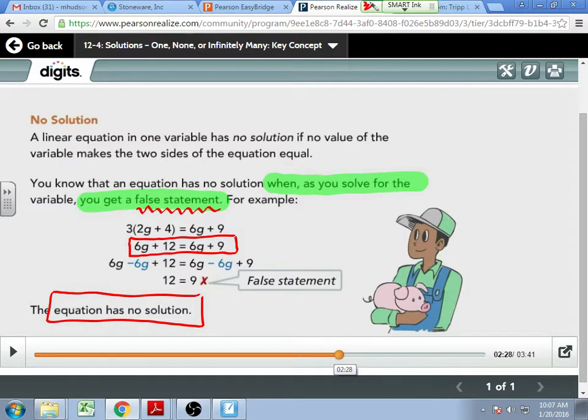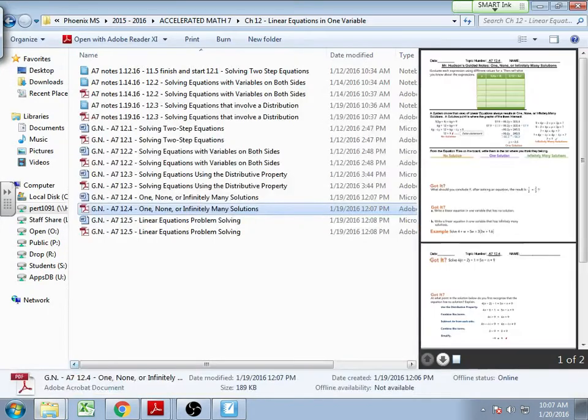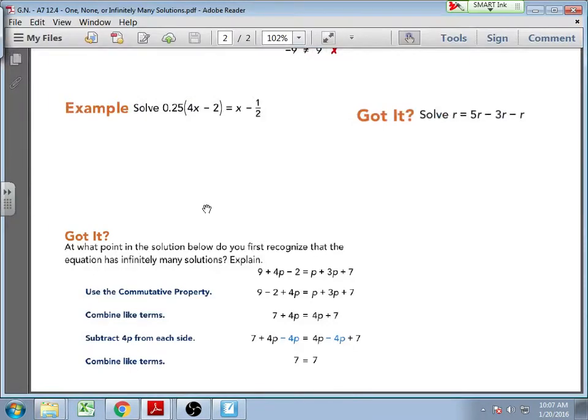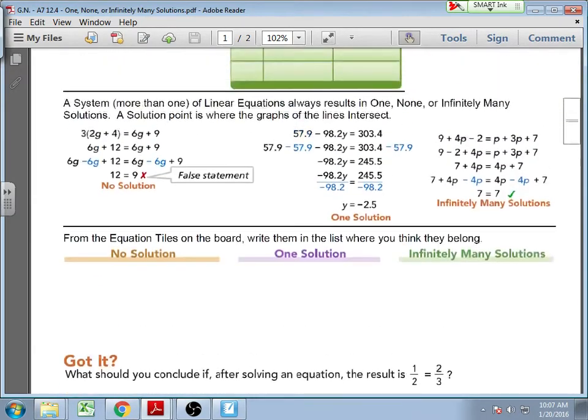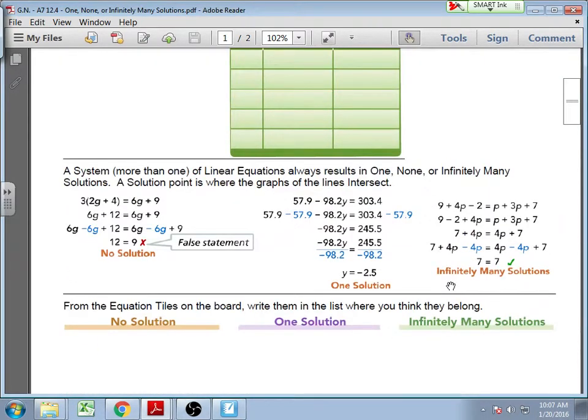Yeah, so right here, I'll pull up your notes and show you where I'm looking for you to write this. One, none, infinitely many. Right here. So system, more than one, none. So right below no solution, write false statement or contradiction. False statement's already written right here for you, so you might not write it again.